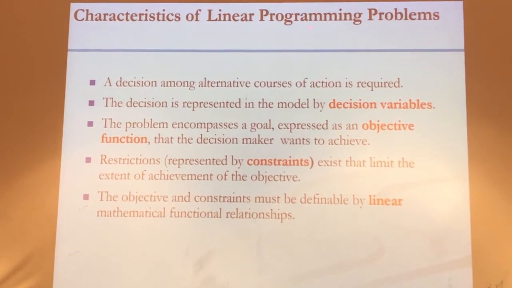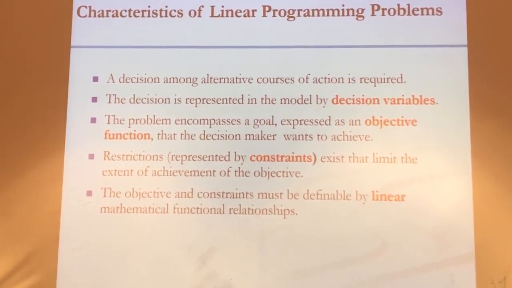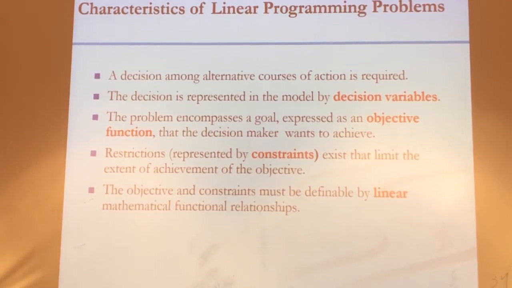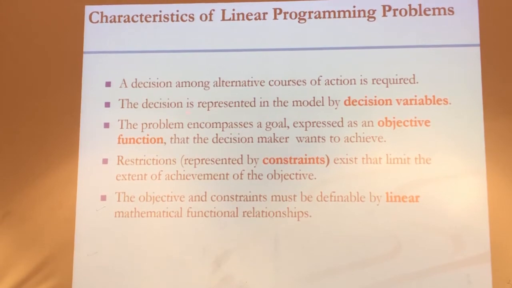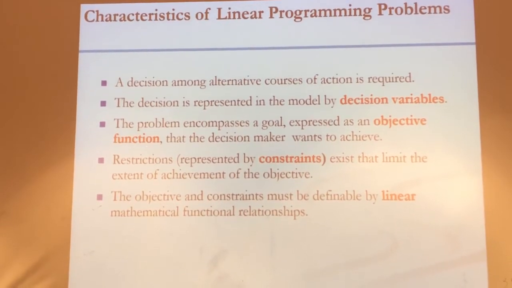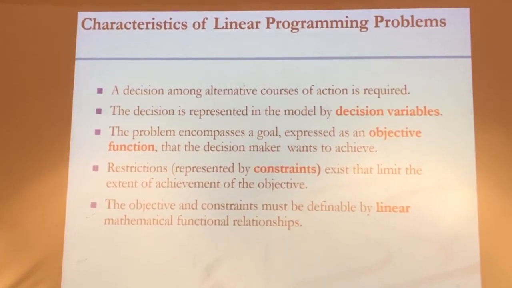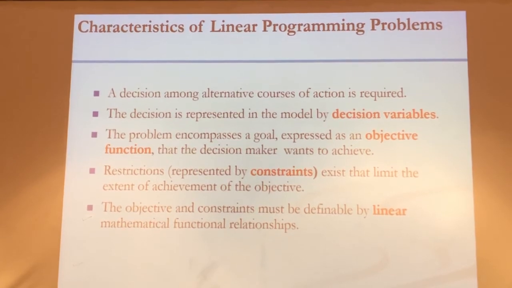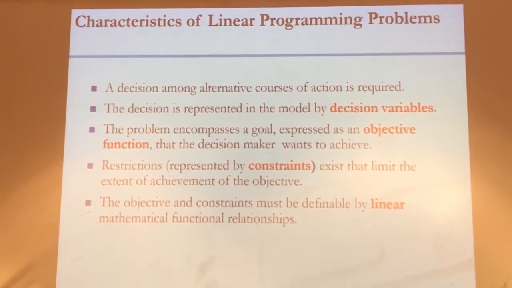The characteristics of linear programming problems are a decision among alternative courses of action. There will be alternative courses of action. This is one of the characteristics of linear programming. Another is the decision is represented in the model by decision variables, and there will be an objective function and constraints, and both the objective function and constraints would be linear.